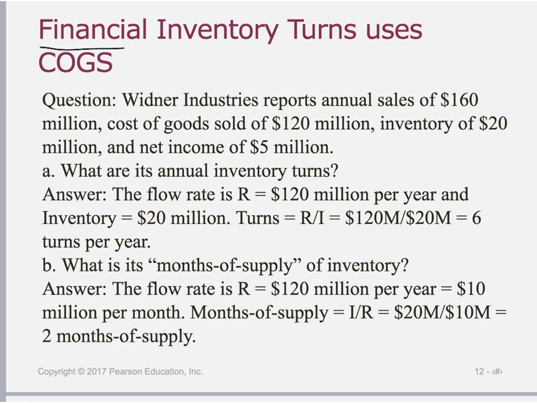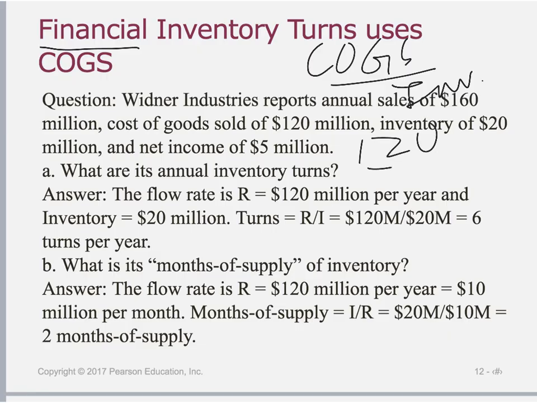Here we're going to use financial terms, so the formula is cost of goods sold divided by inventory. Cost of goods sold is 120 divided by inventory of 20 million, so it turns 6 times. That's 6 turns per year.